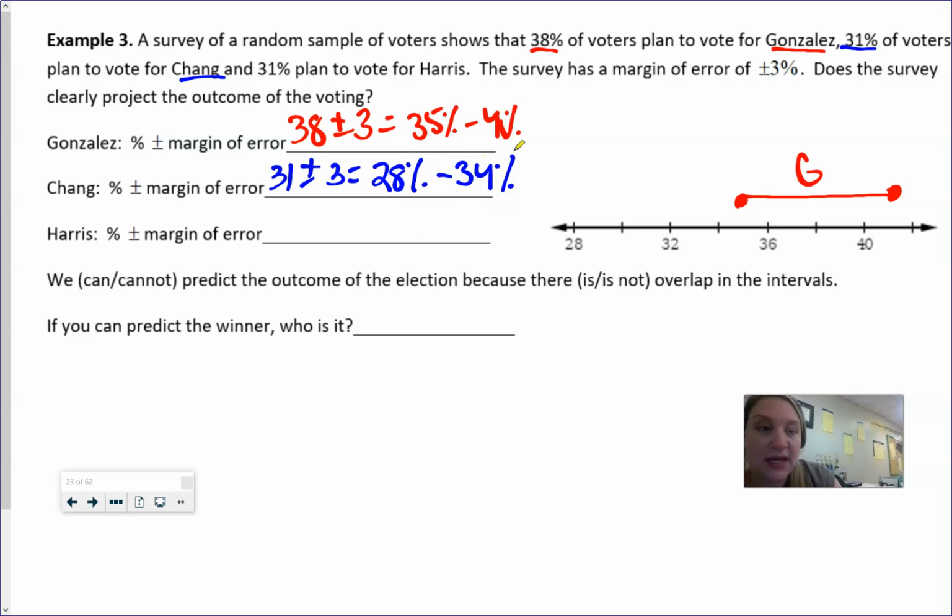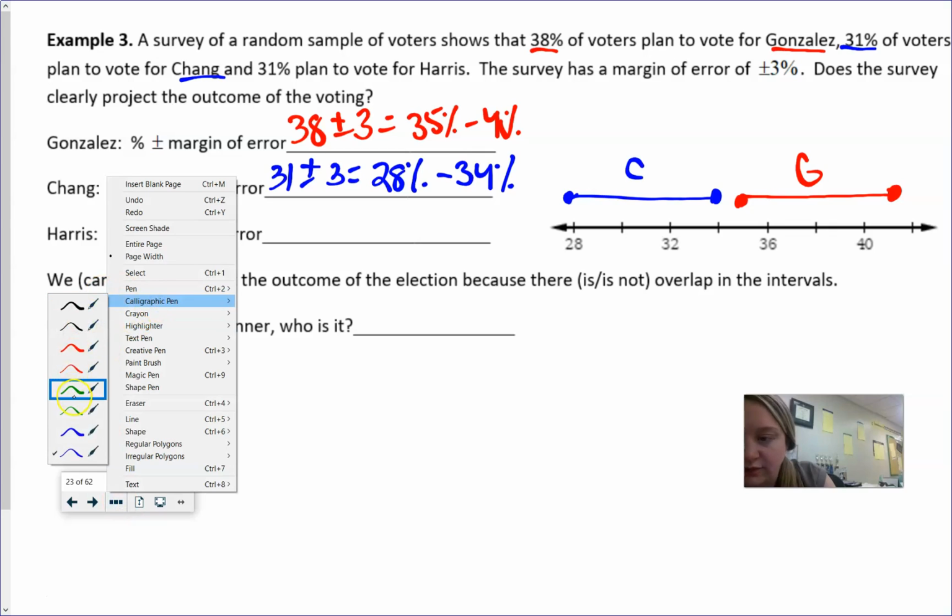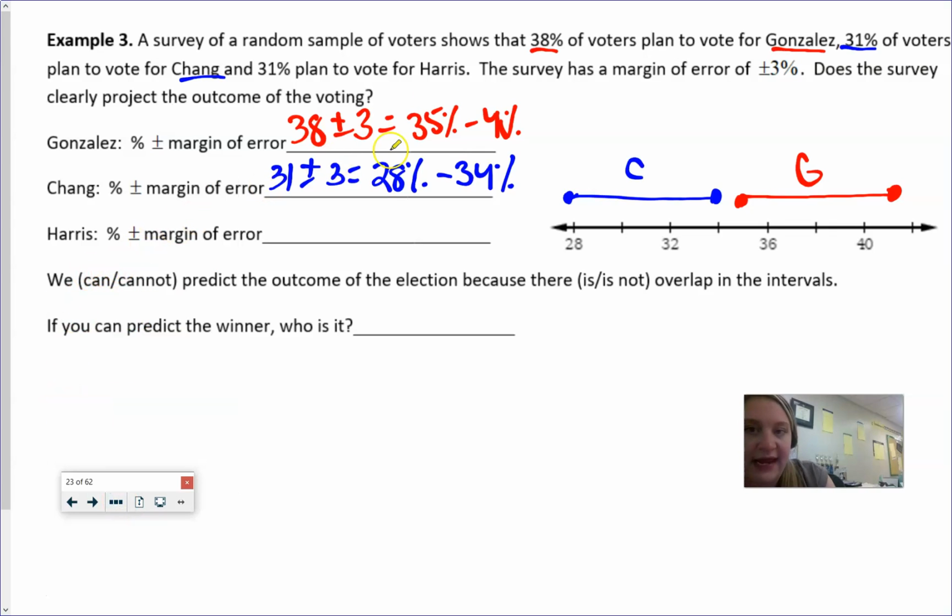So Chang's interval is between 28 and 34. All right, so that's nice. No overlap there. We still have one more to look at, though. And then we have Harris. So here's Harris, 31% plan to vote for Harris. Well, that's just like Chang, right? So it's actually going to be the exact same interval.